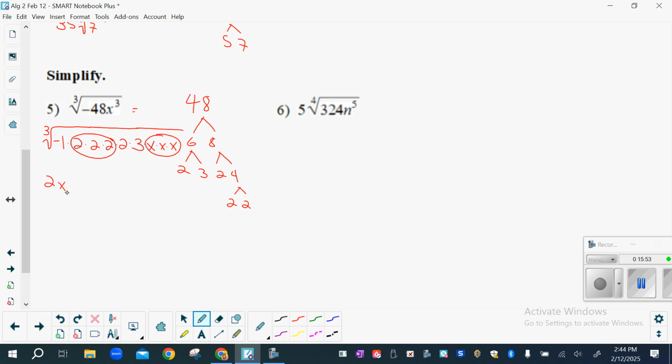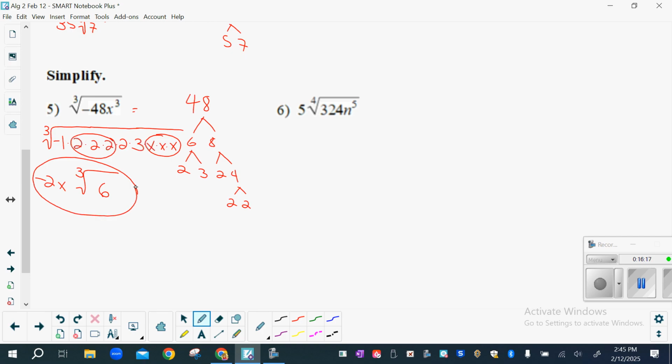What do we do with the negative? What do we do with the negative? Okay. Put it on the outside. So -2x, and then we have the cube root of 2 times 3, or 6. No x's left on the inside.